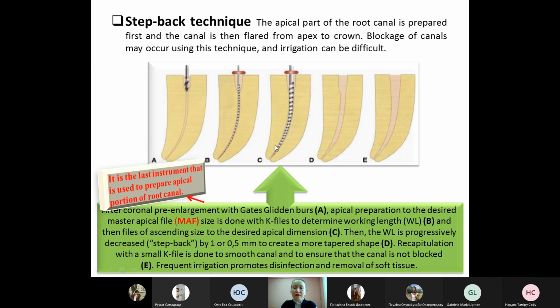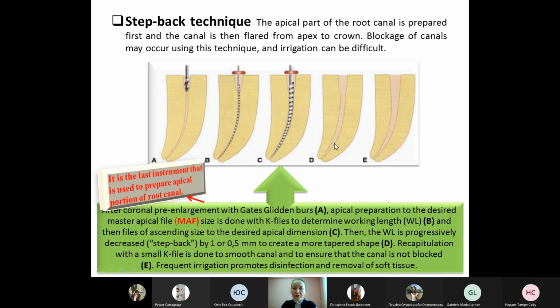Then bigger sizes of instruments are taken in sequence, K file, H file, until the canal gets its final funnel cone shape.